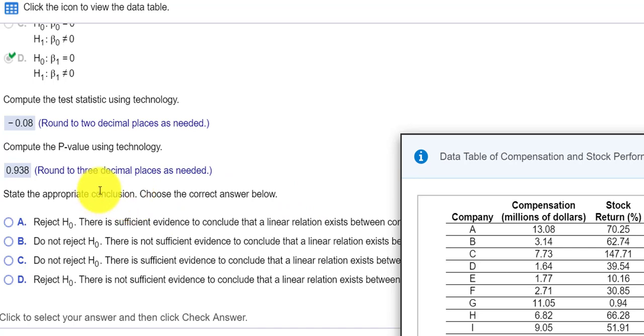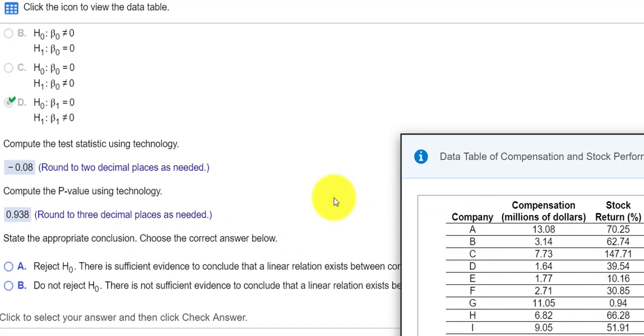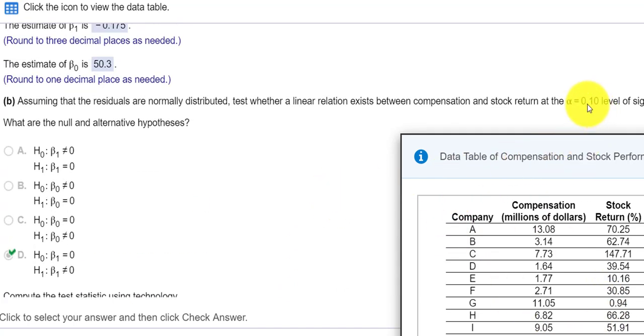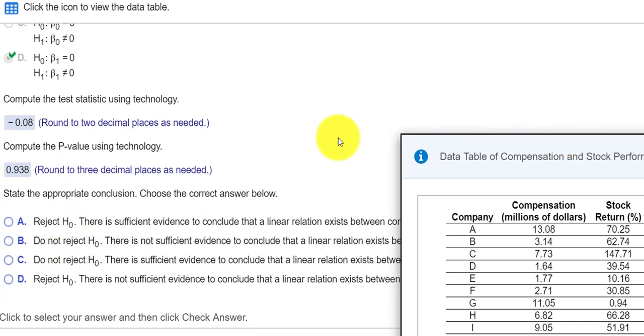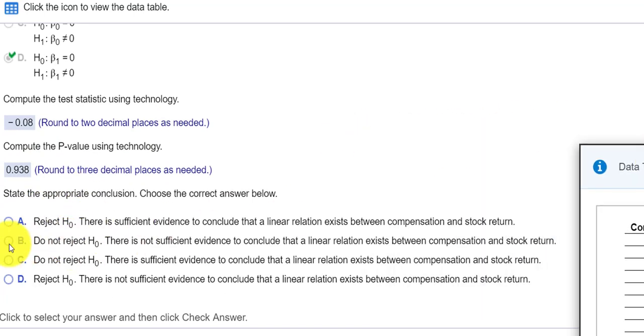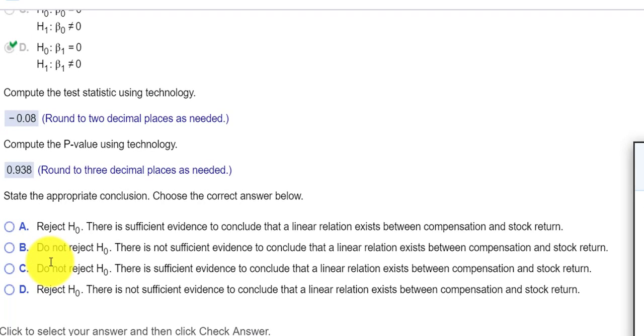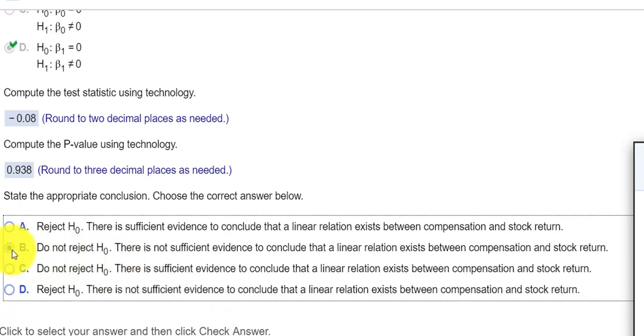All right, if our p-value is greater than 0.10, we do not reject. This value is greater, so we do not reject. So B and C are our do not reject choices. I'm going to select choice B.